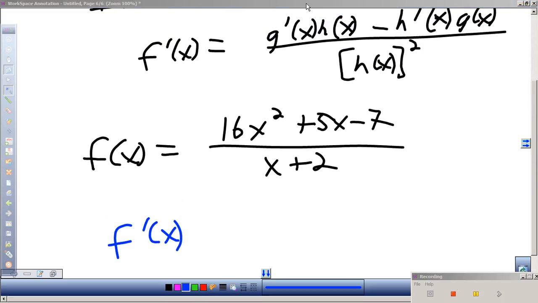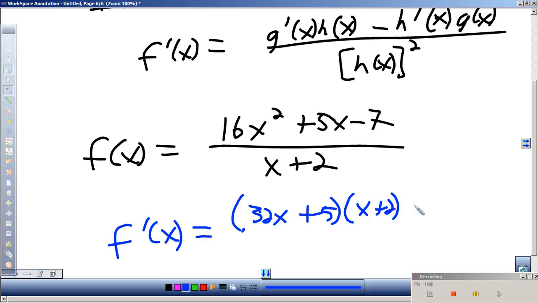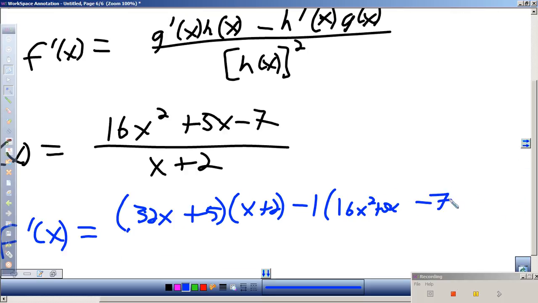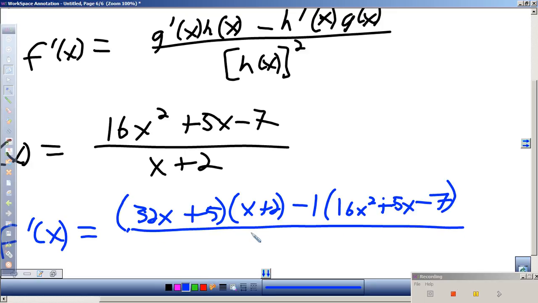We take the derivative of the top, which is going to be what? 32x plus 5 times the bottom, minus the derivative of the bottom, which is 1, times the top, 16x squared plus 5x minus 7, all over x plus 2 squared.